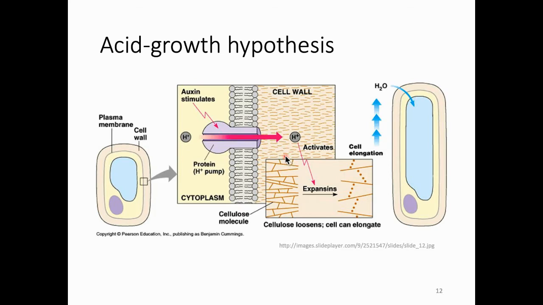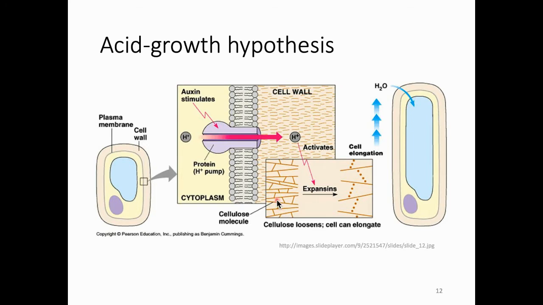And before having auxin, you can see that here is the cellulose microfibril. They have some bonds connecting each fiber together. So the cell wall is packed and stiff. They cannot bend or expand very much.